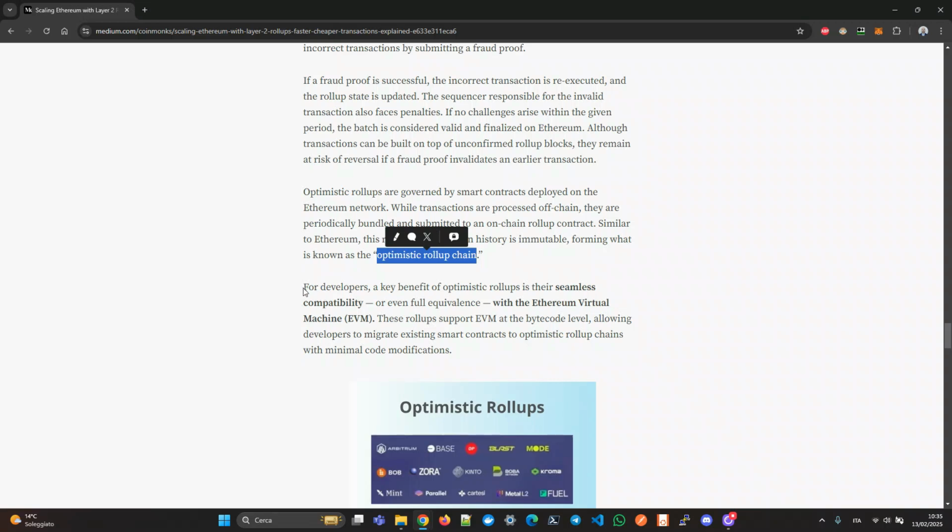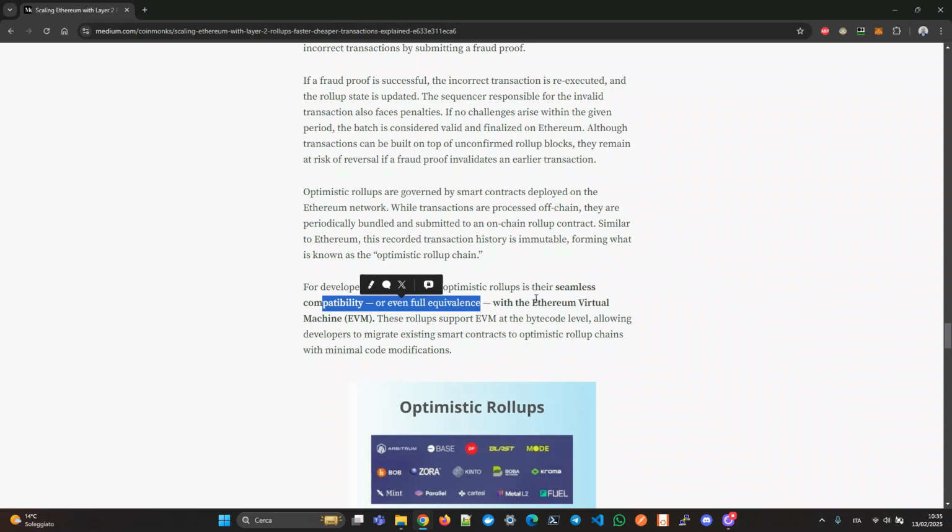So for developers, which we are, the key benefit in the case of optimistic rollups is that there is seamless compatibility, or even full equivalence, between the Ethereum virtual machine and the virtual machine of the rollups.